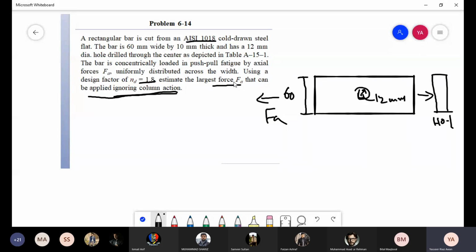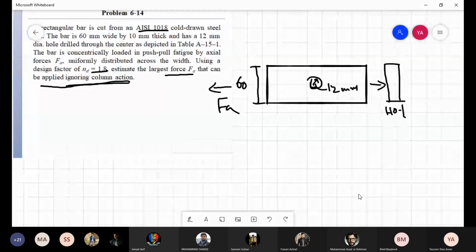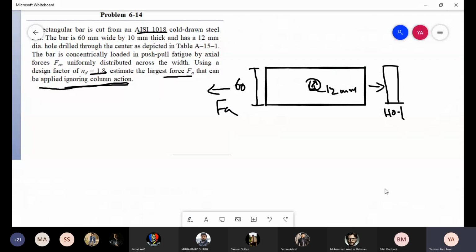So where to start? Obviously, remember this is a problem that we can do because the loading is pure. There is no bending or torsion involved, only axial, and the load is completely reversed.